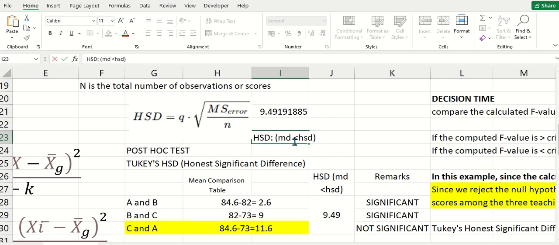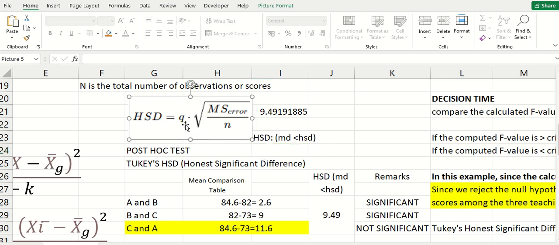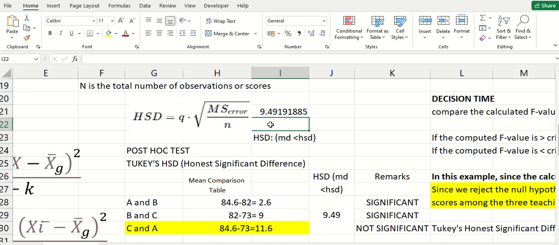If the mean difference is less than our HSD, that means it's significant. So how do we compute the HSD? We need this formula. Q is another symbol for the critical value. So it is the critical value times the square root of the MS error, which is the mean squares within, divided by the total number of samples.